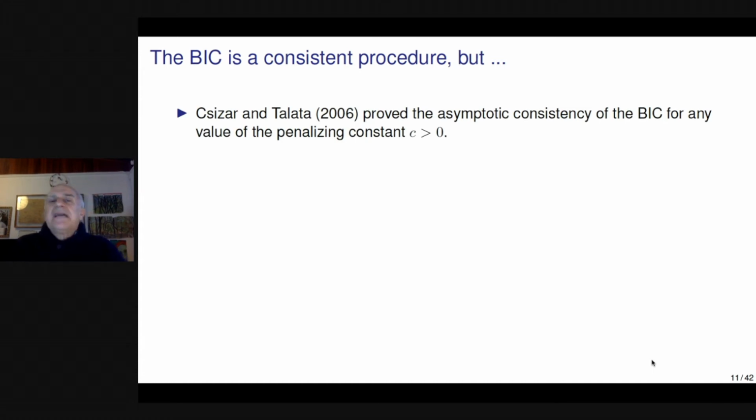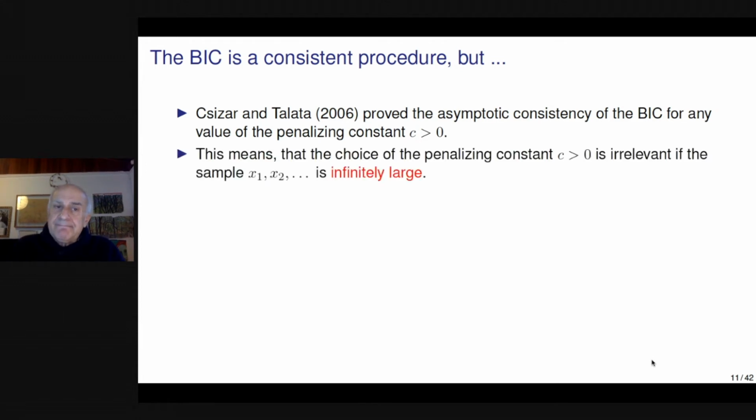Remember, Csiszár and Talata, in a remarkable paper, proved the asymptotic consistency of the BIC for context tree models for any value of the penalizing constant c. This means that the choice we make for the penalizing constant c is relevant only if the sample is not infinitely large. In the Bayesian tradition, the constant c is equal to 1/2.